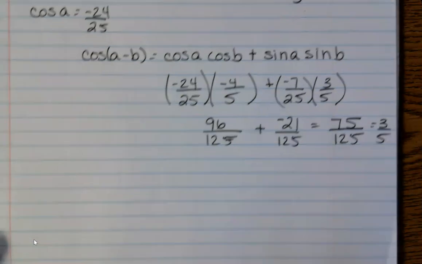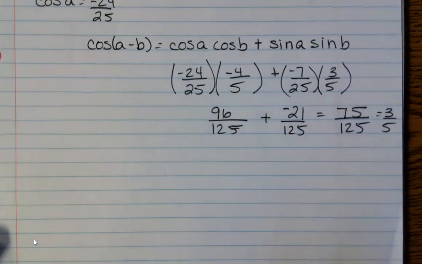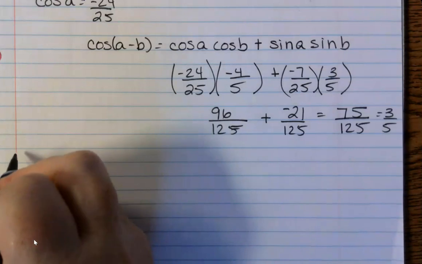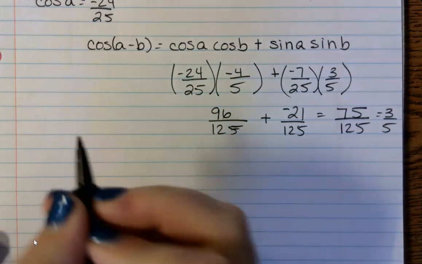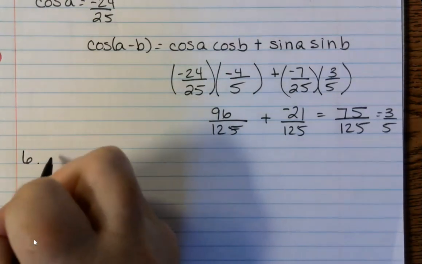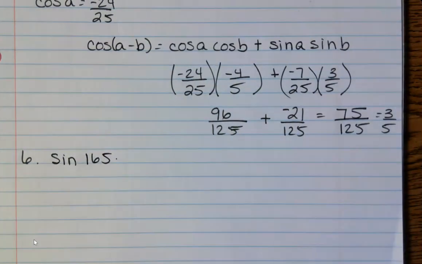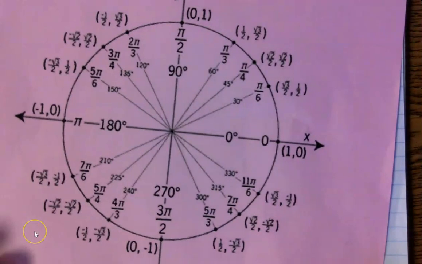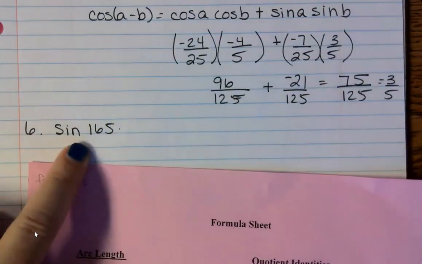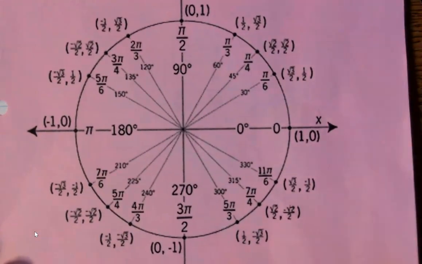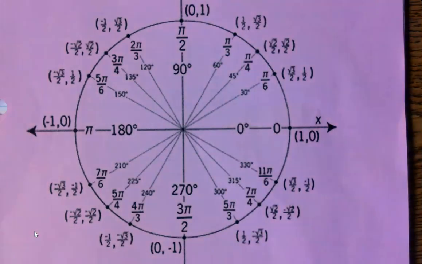I'm going to go back because I realized I skipped number 6. Sine of 165. The question is, what is sine of 165? We have to look at the unit circle and come up with two angles on the unit circle to give us 165.